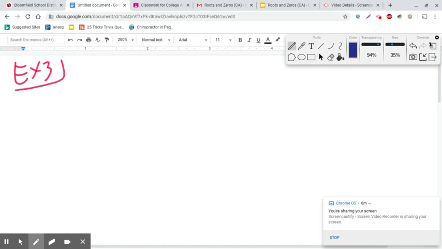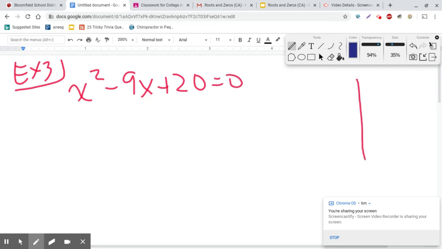This example is going to be x squared minus 9x plus 20 equals 0. So over here we want stuff that multiplies to be 20, but adds to be a negative 9. Guys, if they multiply to be a positive, but add to be a negative, both of them have to be negative, because a negative times a negative is a positive, and a negative plus a negative stays negative.